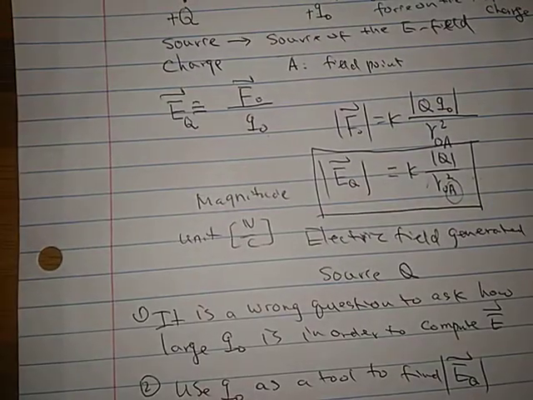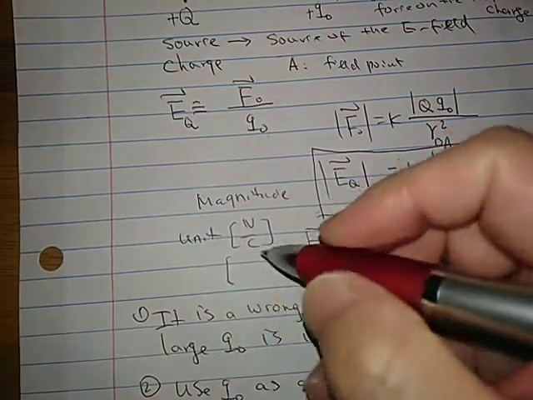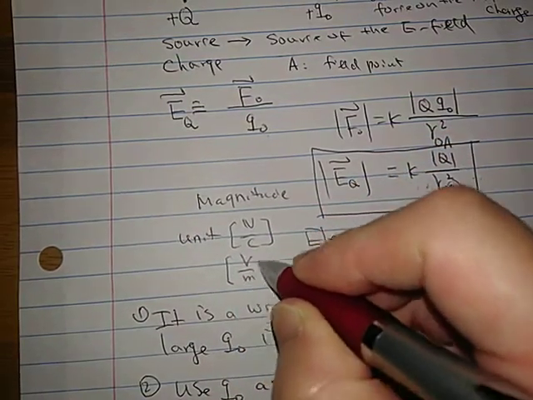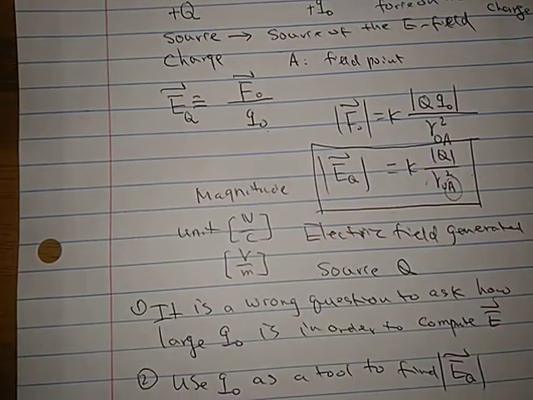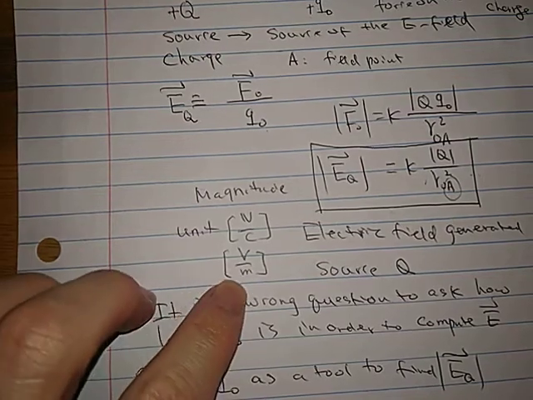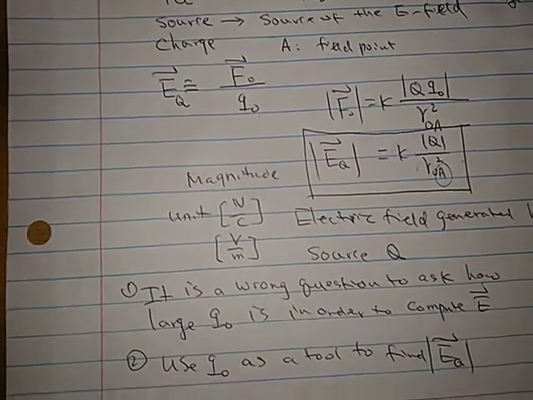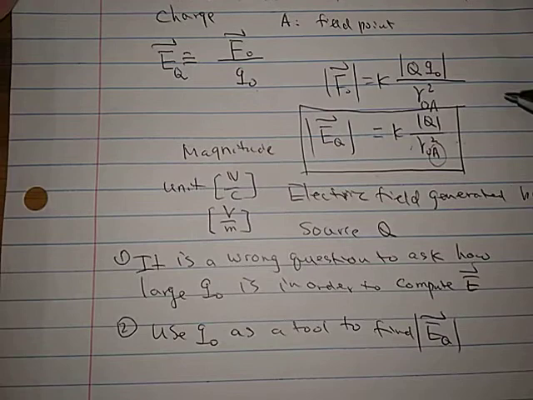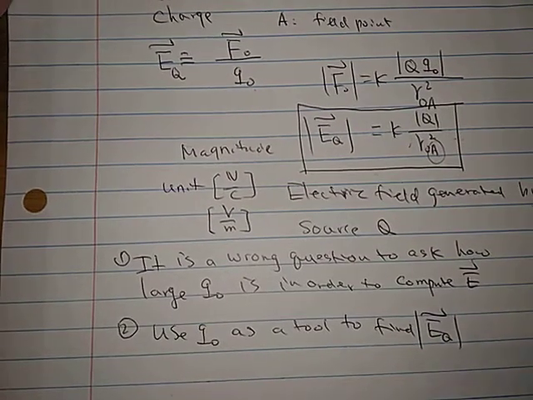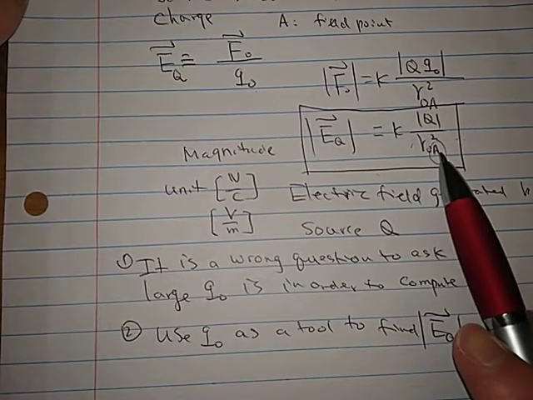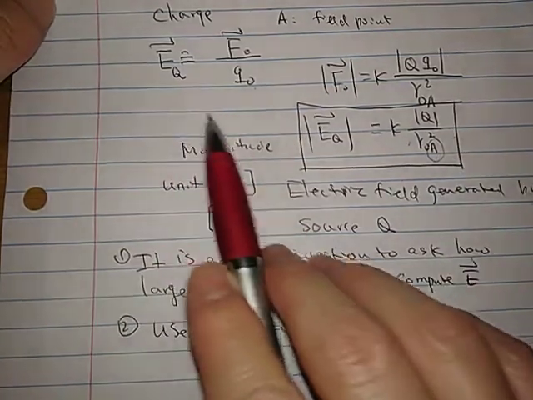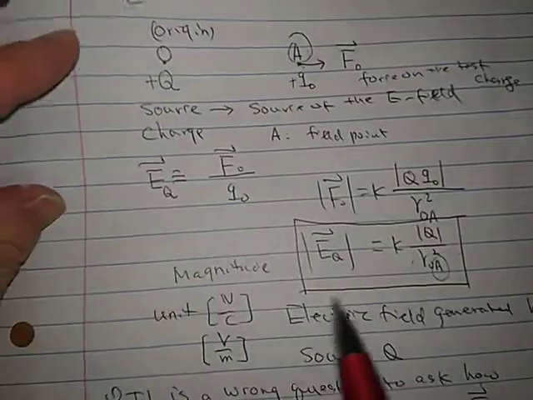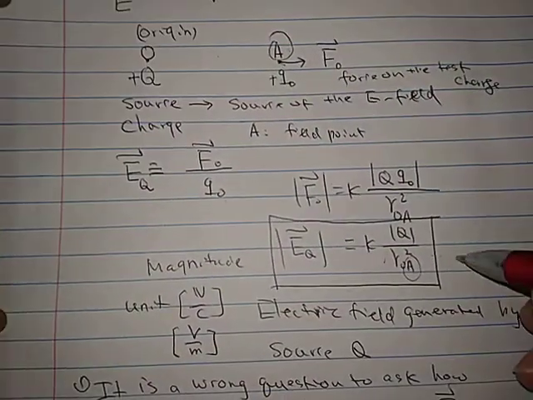And that's the unit of electric field. Shortly, we will introduce another equivalent unit, volt per meter, which is in the next chapter. But for the moment, just take note of this. And that's how we define electric field. Remember, this equation only gave you the magnitude. The full definition, we use this equation, and this is for the point charge only.